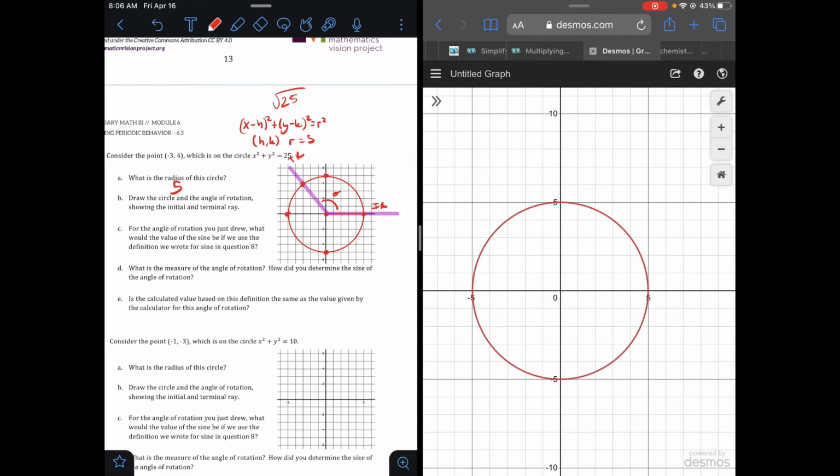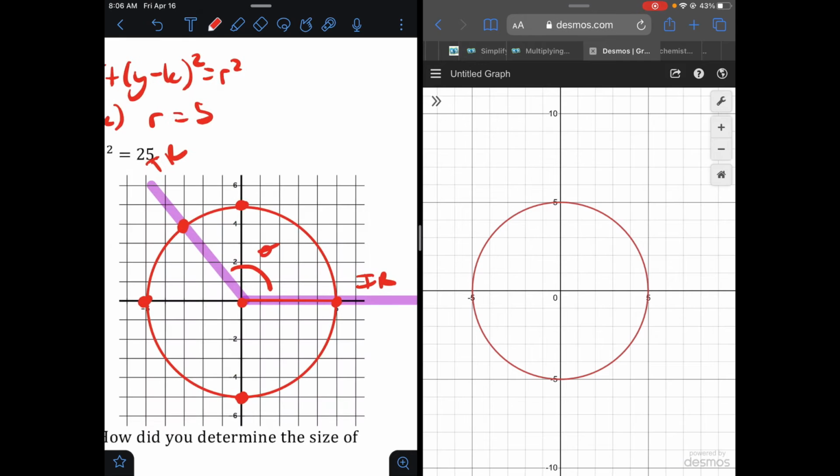For the angle of rotation you just drew, what would the value of the sine be if we were to use the definition we wrote for sine in question 8? So if we look here, we have to create a triangle. If you recall, when we did the Ferris wheel one, we drew triangles like this, right?